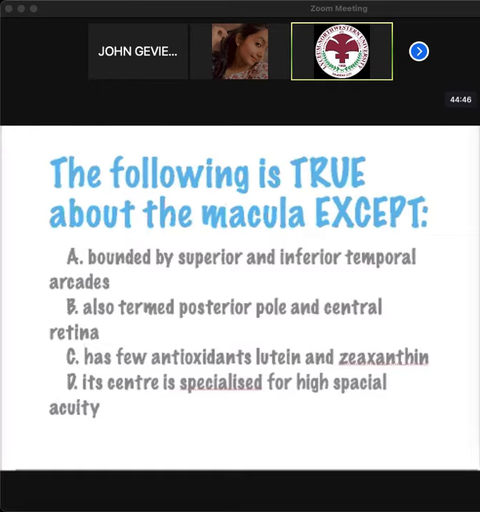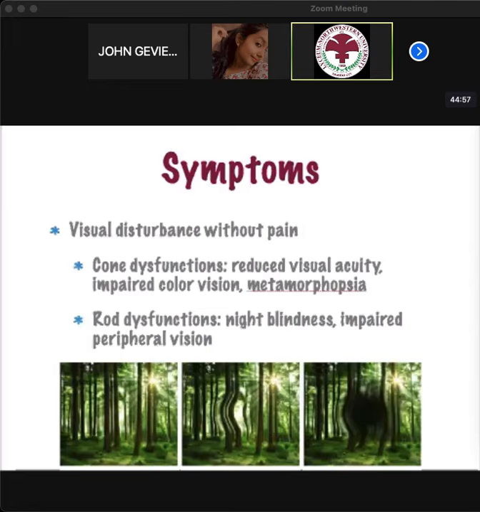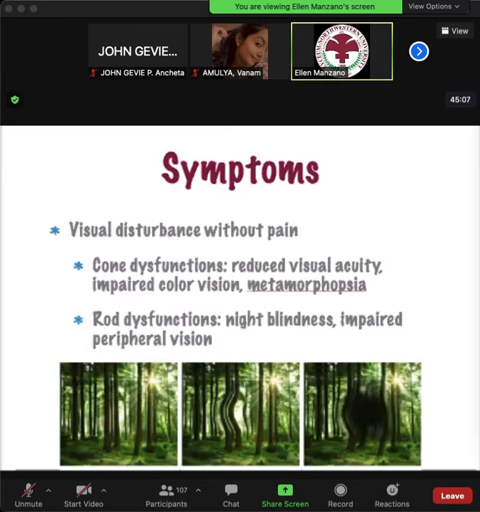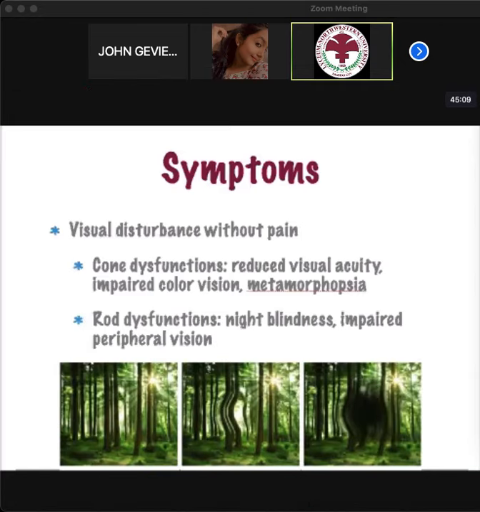So there are specific symptoms that would signify that the structure that has a problem in the eye is the retina or your posterior segment. The usual complaint is blurring of vision, either painful or painless.